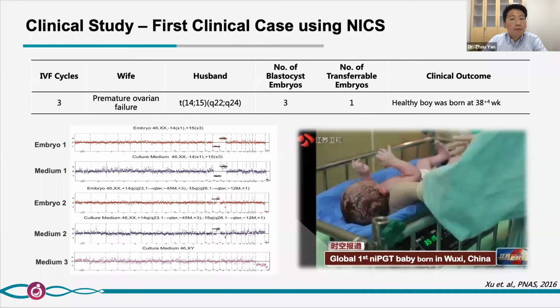This is the first clinical application of NICSI, back in 2016. The paper was published in PNAS by Zhou et al. and introduced the first NICSI baby, born healthy and free of known genetic abnormalities which could be inherited from the father.